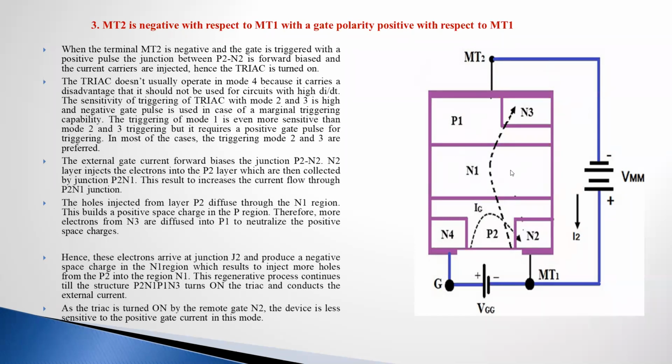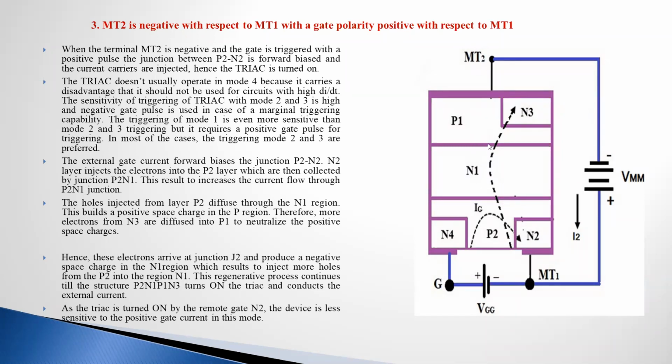P1 is connected to the negative and N1 is connected to the positive, which means it becomes reverse biased. So the depletion layer is formed at this junction, P1 and N1. Clear? So we have to remove this depletion layer at this junction. Then only can the current start to flow from MT1 to MT2.